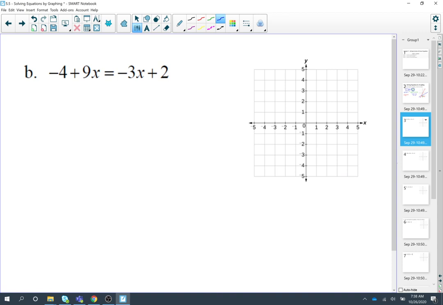Letter B, -4 plus 9x equals -3x plus 2. Now, once again, we can solve this like a typical equation, which actually I'm going to do really quick here. If I were just going to solve this, I would probably add 4. Those would cancel. I would have 9x equals -3x plus 6.